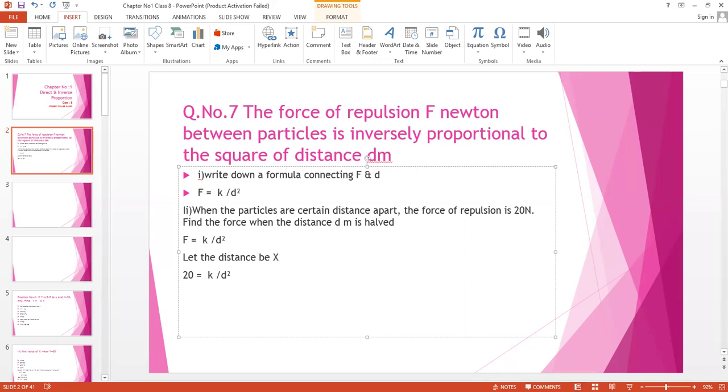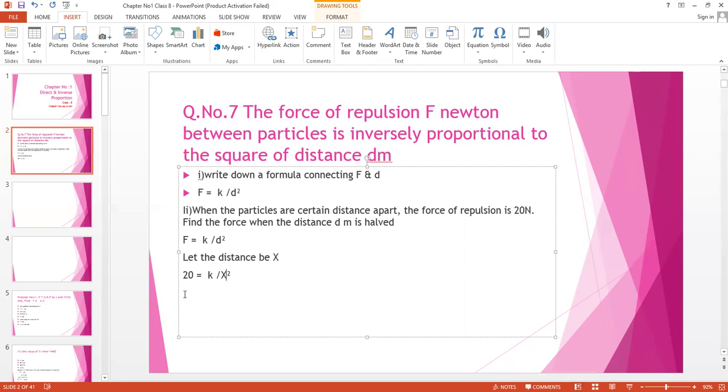Now we assume that the distance is x. So here force is given, that is 20, and distance is not given, so we assume let the distance be x. Instead of writing d, I have to write x.